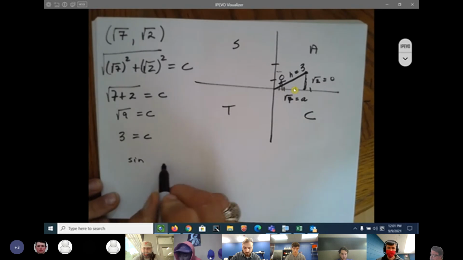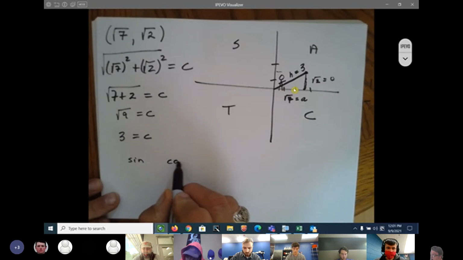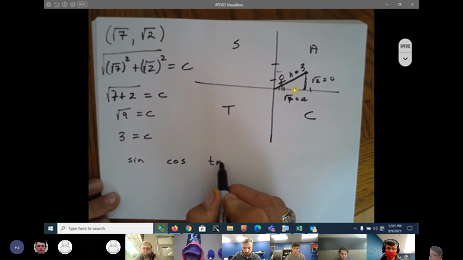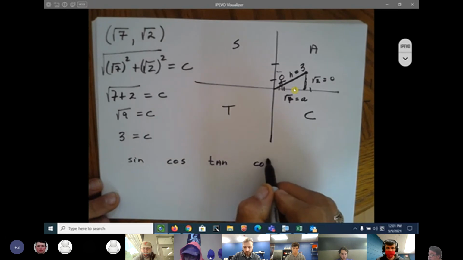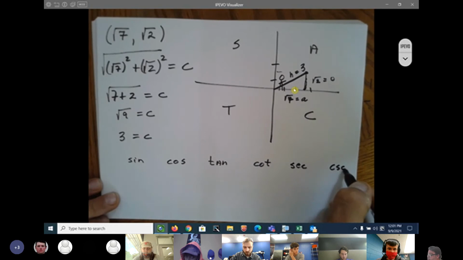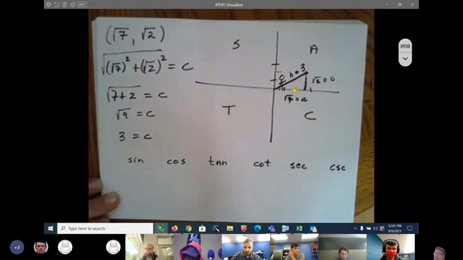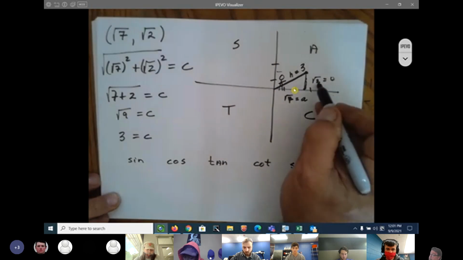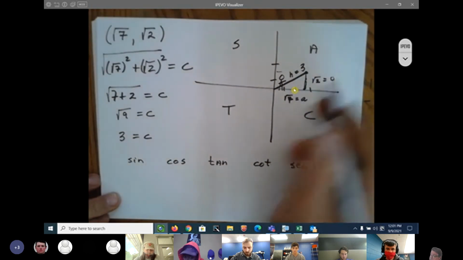Sine, cosine, tangent, cotangent, secant, cosecant. And we know that all of them are going to be positive. Opposite over hypotenuse: square root of 2 over 3.